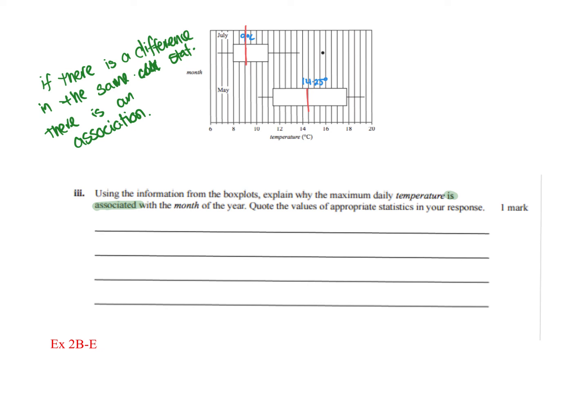So we'll write this. So we'll say there is an association between month and daily max temperature. Sorry, I've done that around the wrong way.